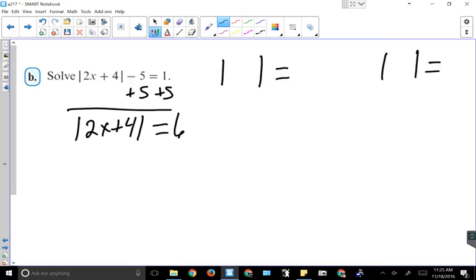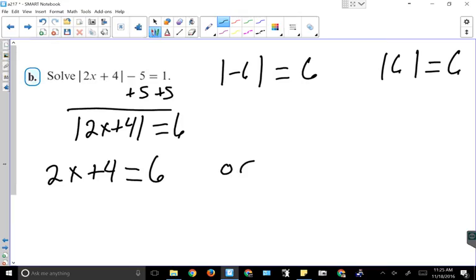So now, I know the absolute value has to be equal to 6. What two numbers do I take the absolute value of to equal 6? Negative 6, 6. So, I know that either 2x plus 4 is going to be equal to 6, or 2x plus 4 is equal to negative 6. Those are the two possibilities.